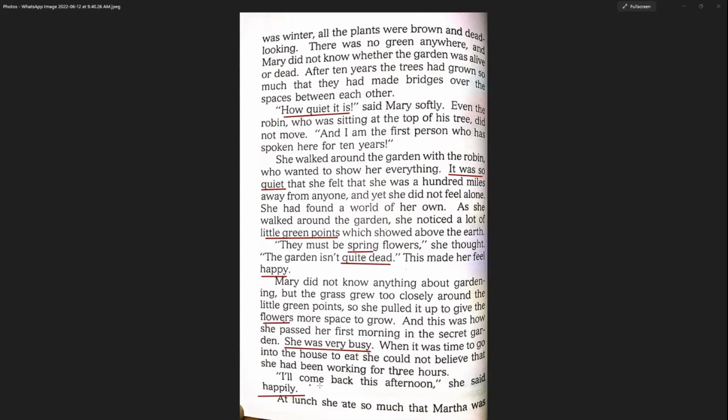She got the sense of achievement because she herself found this, right, without anyone's help. So for the first time in Mary's life, she became happy, right? She is quite confident, and you can see how she spent 3 whole hours in this garden, right?